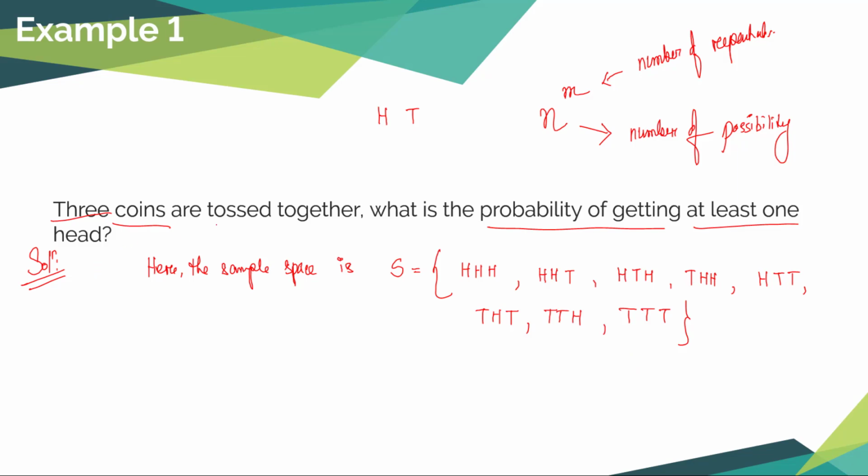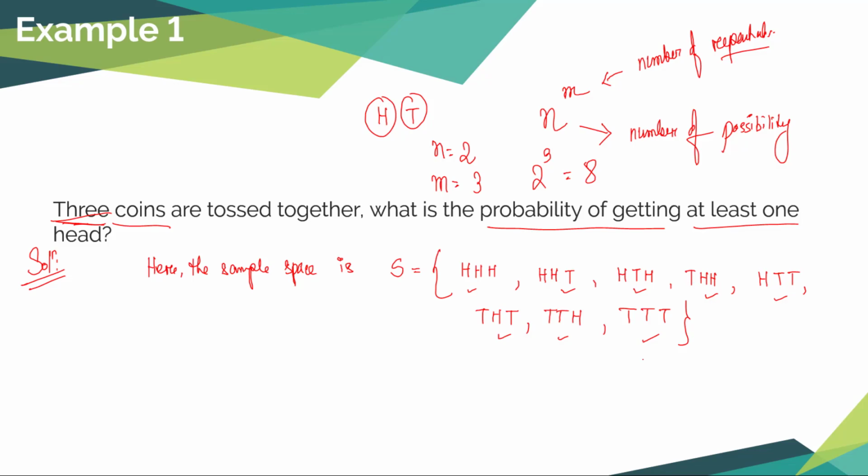Now in our case we are dealing with a coin, and a coin has 2 possibilities, so n will be equal to 2. Now what is repetition? We are dealing with 3 coins, so m will be 3. So 2 to the power 3, 2 cube is 8, right? That's why we are getting 1, 2, 3, 4, 5, 6, 7 and 8 different possibilities.